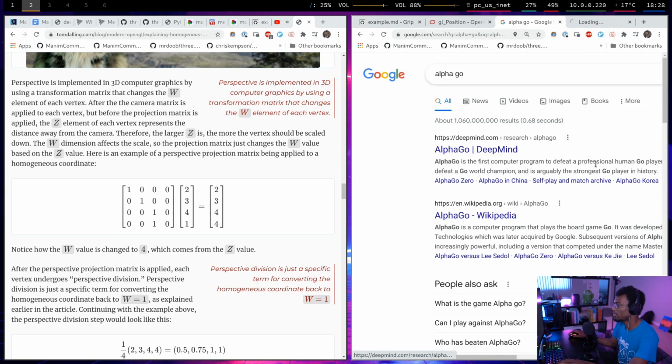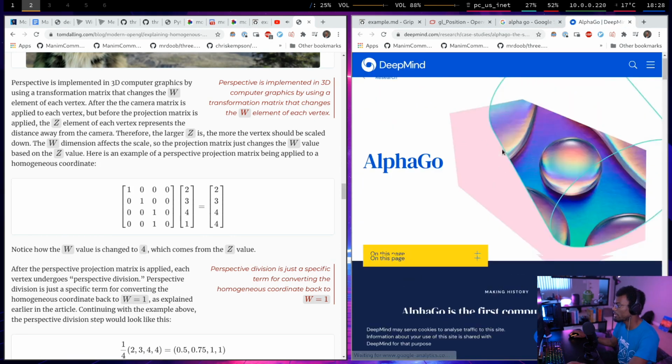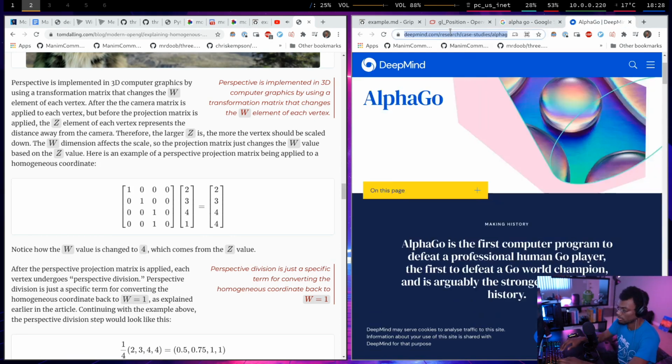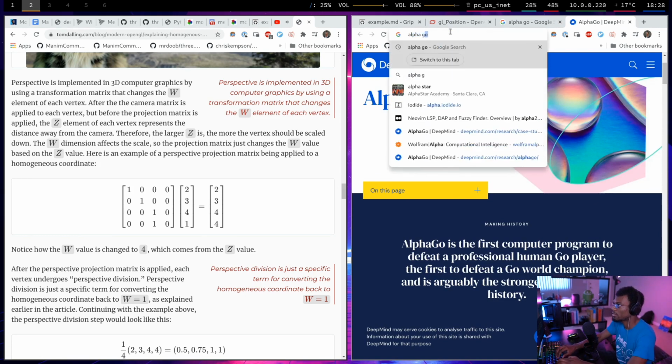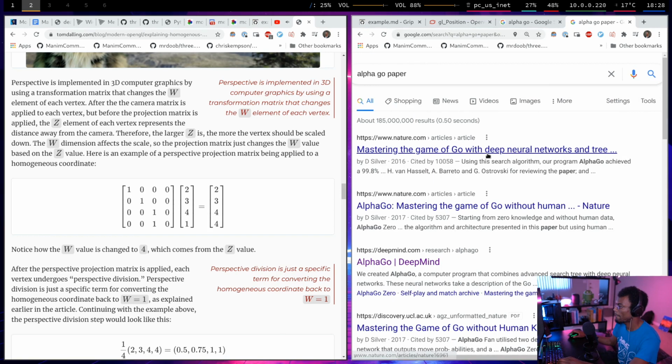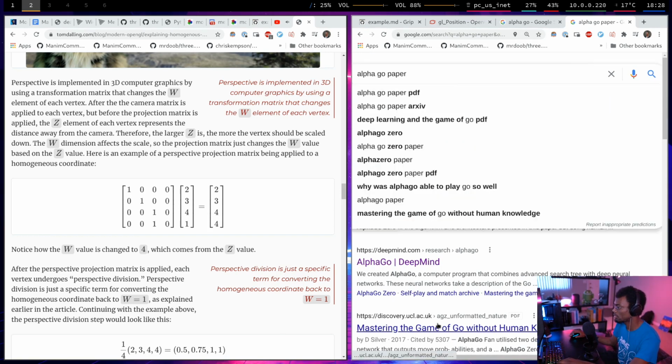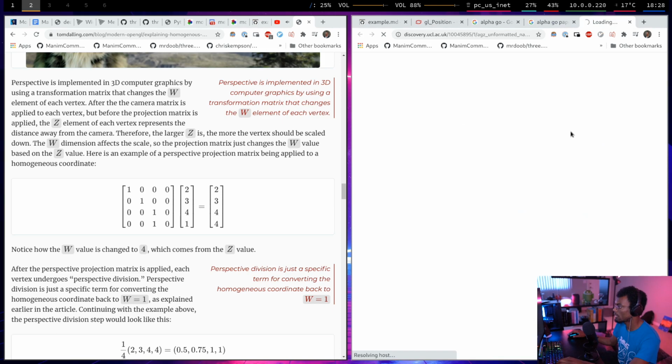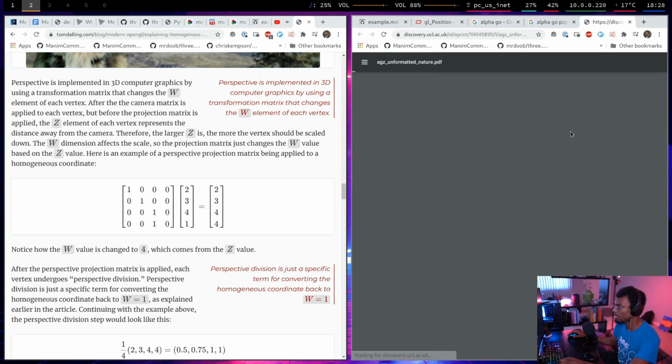Because AlphaGo, they just released their paper. It's not a secret how they managed to train their thing. Although I can't find it now. Is this it? But it wasn't even that long of a paper. Just looking for Google again.